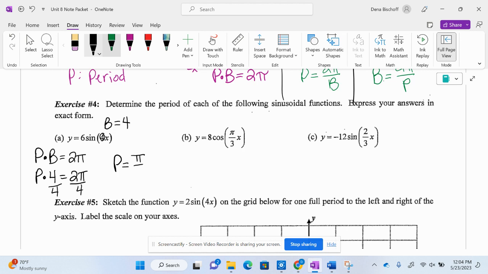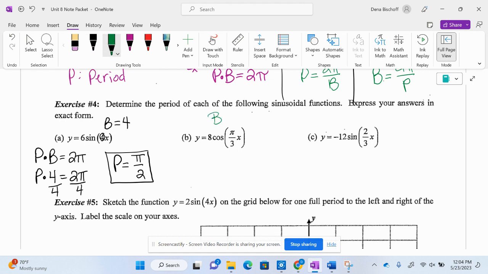Pi over 2, yeah. So my period is pi over 2. And we know that from the example before when we put a 1/2 out there, we knew that it took 4 pi. So let's look at this one.